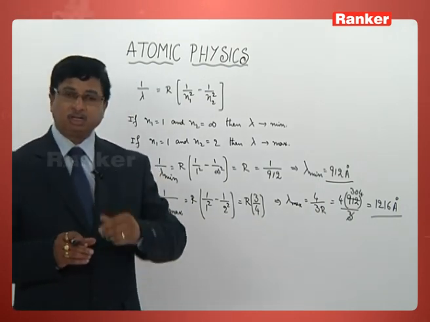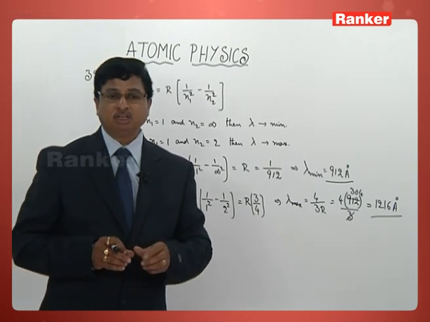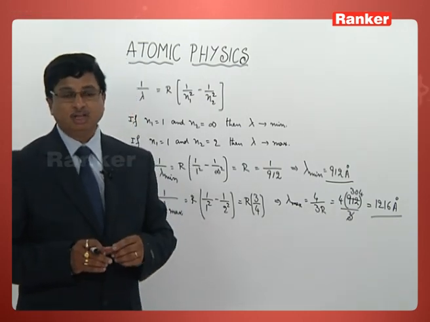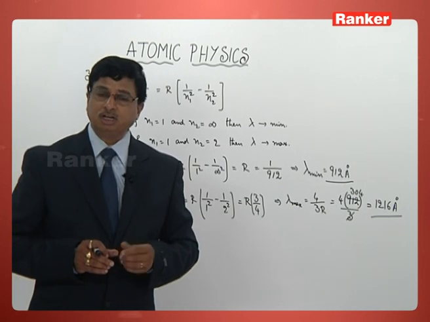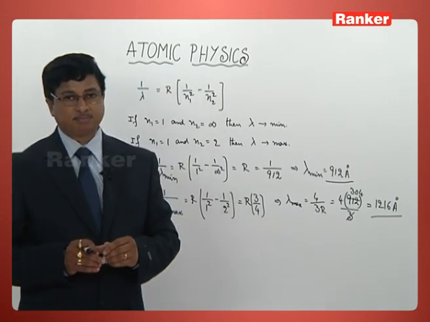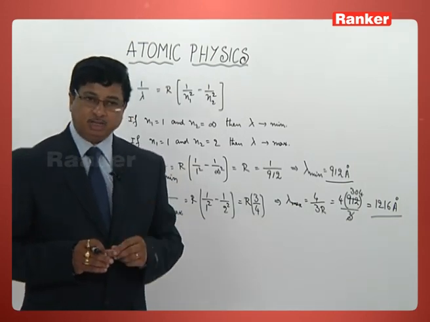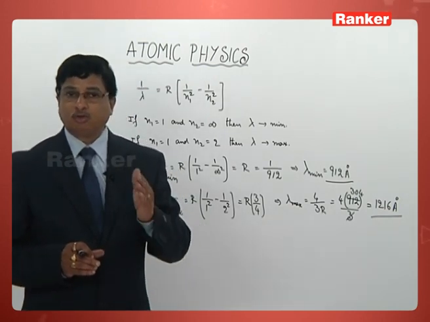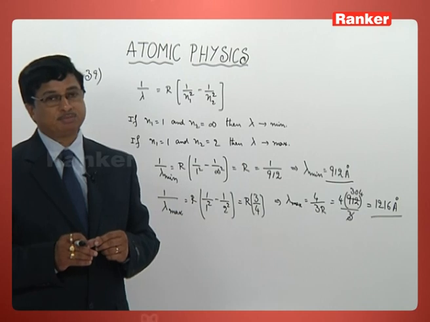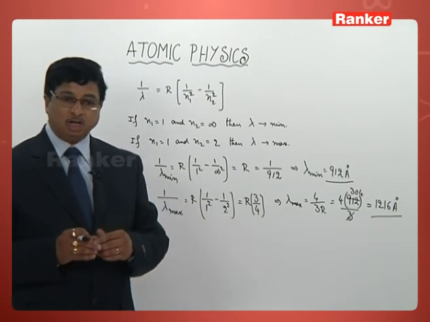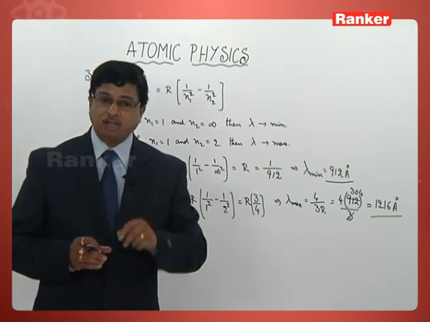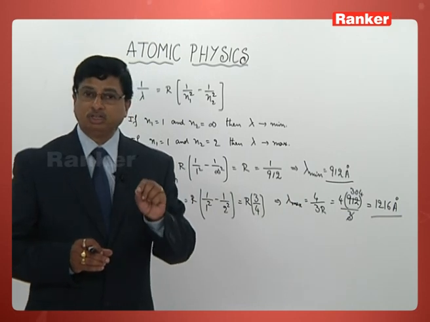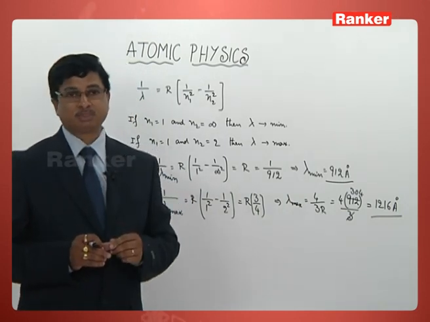But in this particular case, Lyman, he is asking you, the first option he has given is 912 angstroms and 1216 angstroms. The second option is 912 angstrom and 2432 angstrom. The third option is 608 angstroms and 1216 angstroms.